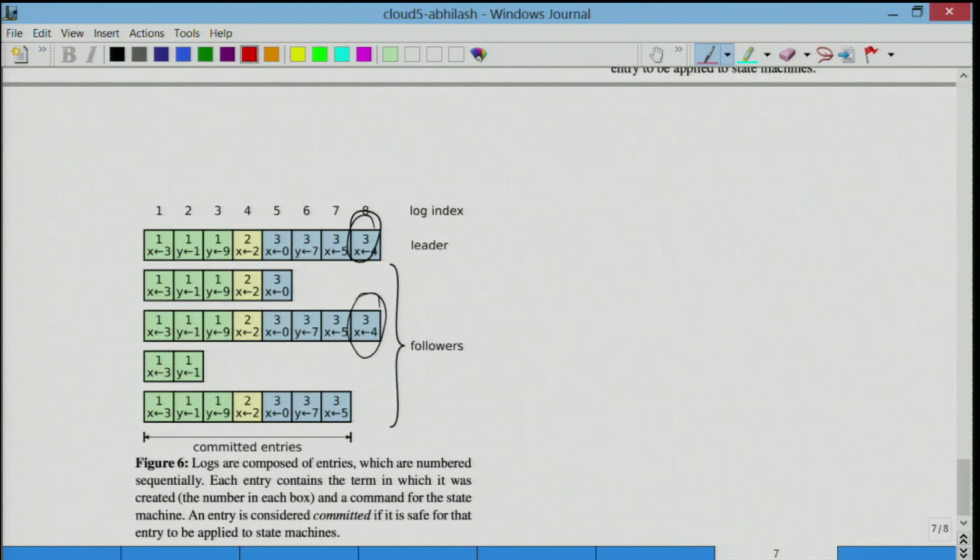But the leader will still keep sending append entries requests to F2 even though F2 has crashed, in the hope that whenever F2 comes back up, it will rejoin the quorum. So it will keep trying to catch up F2 with logs even though F2 has crashed.